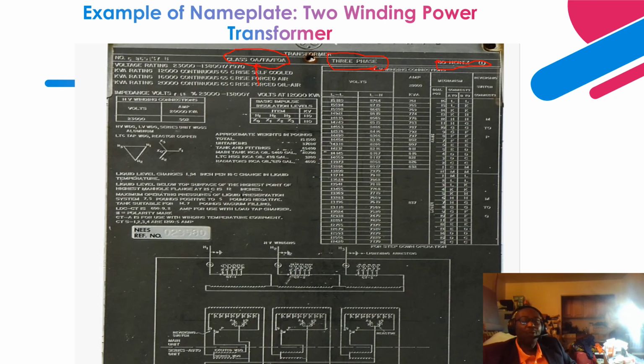Then the second rating is forced air. So that is when the fans that are located on the radiator are turned on, the first stage, right? As you can see over here, forced FA. Then the second stage is forced air and forced oil. So this transformer has pumps, right? There is a pump that forces the oil through the active component, the ducts, to remove the heat faster.